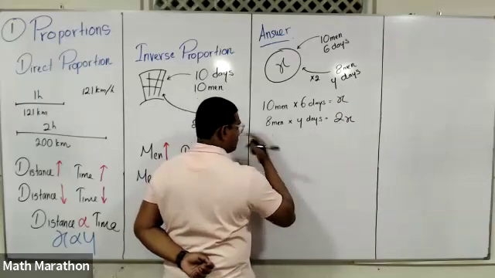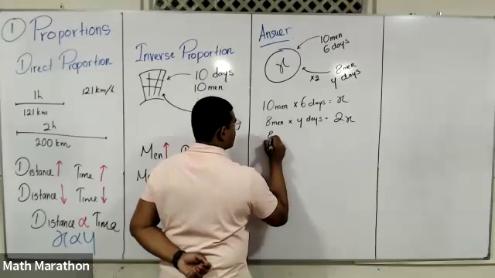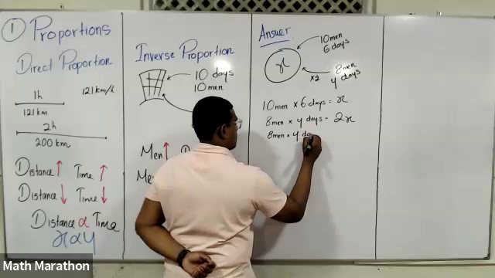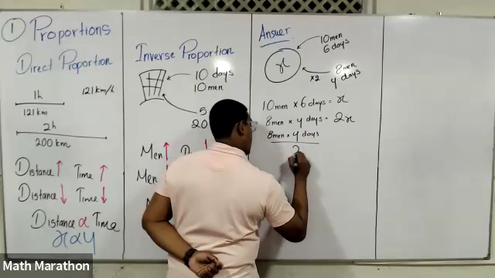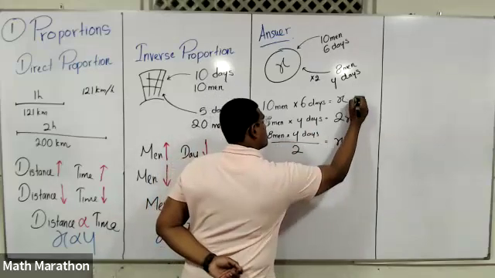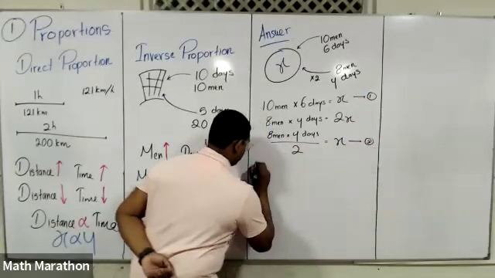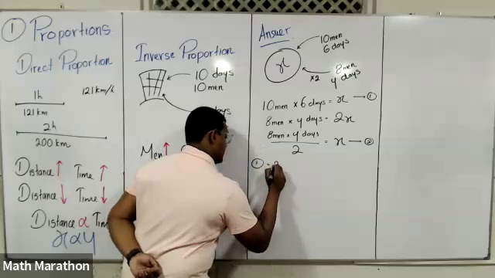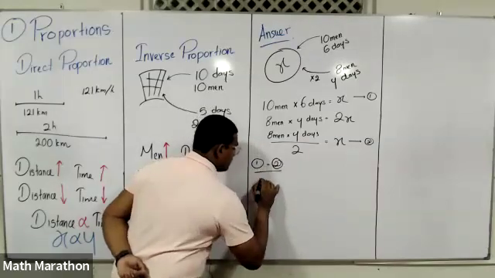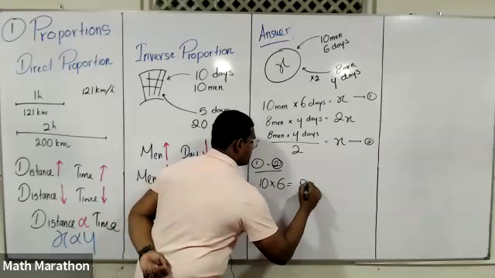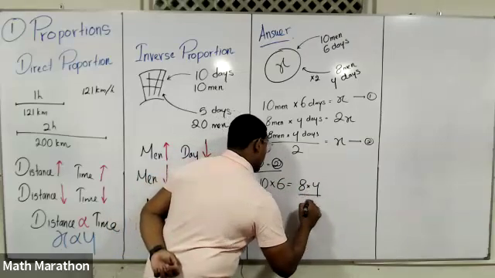So here what I do, I will make X the subject. 10 men into 6 days equals 8 into Y divided by 2.